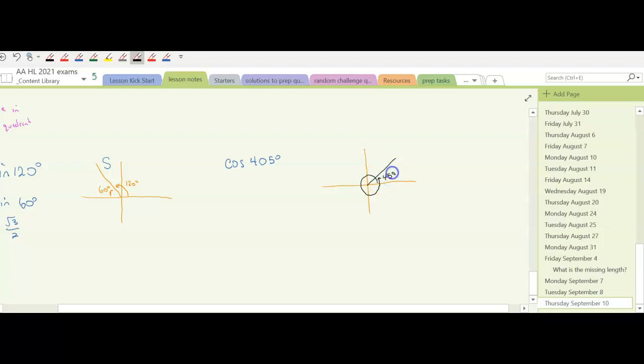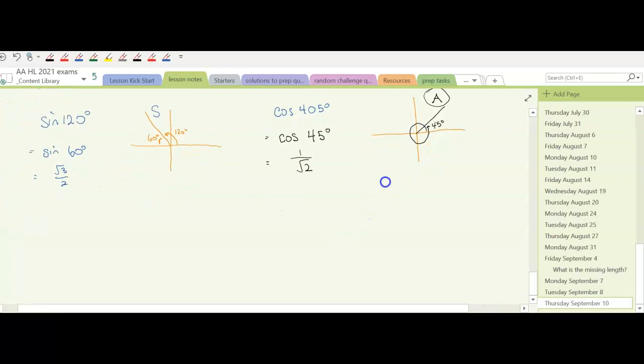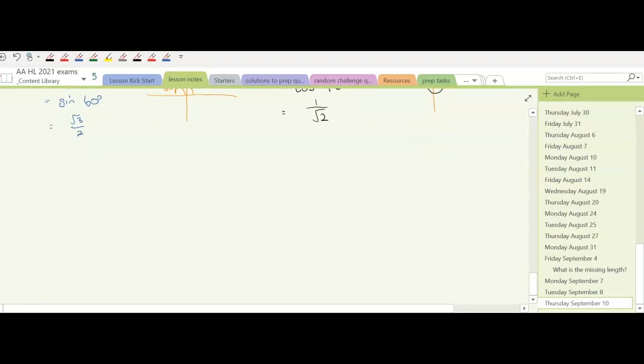So my associated acute angle is 45 degrees. So it's going to be equal to cos 45, plus or minus depending on whether it's positive in this quadrant or not. Because it's all positive in this quadrant, it's equal to positive cos 45, which is 1 over root 2. Every answer's been positive so far. How disappointing. Let's hope tan is negative. Oh no, I'm going to change that one because that's also positive.